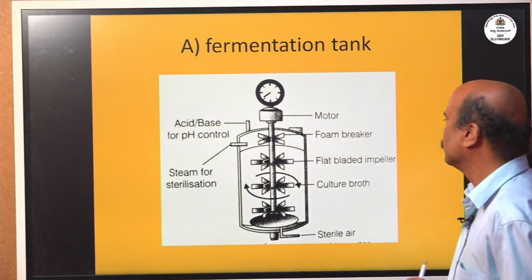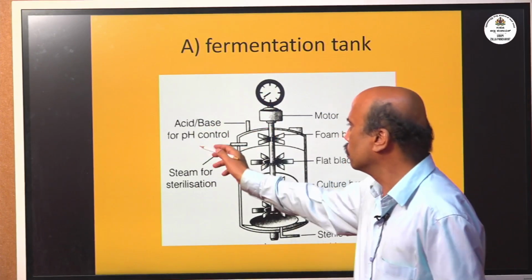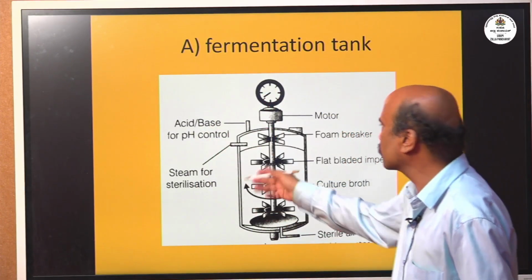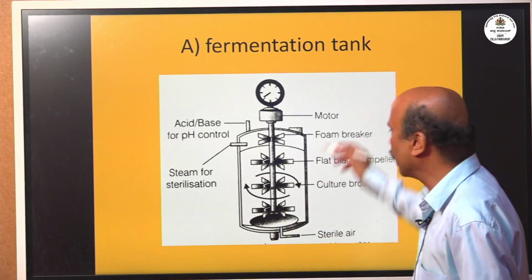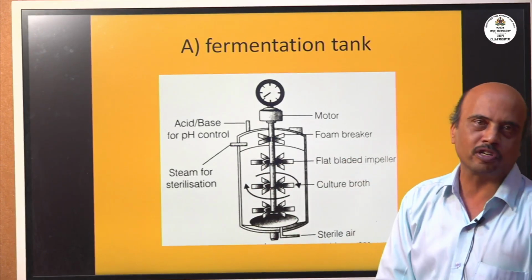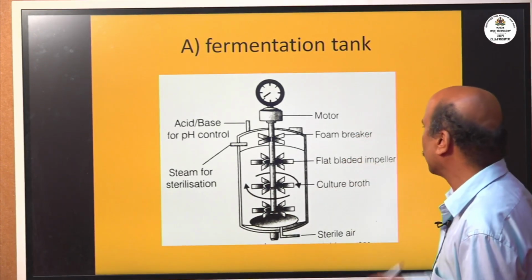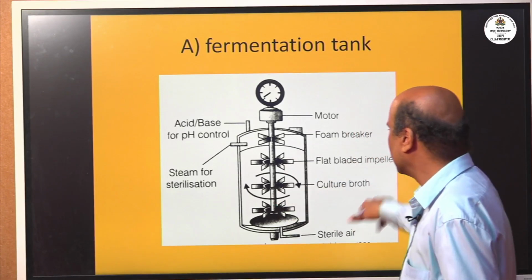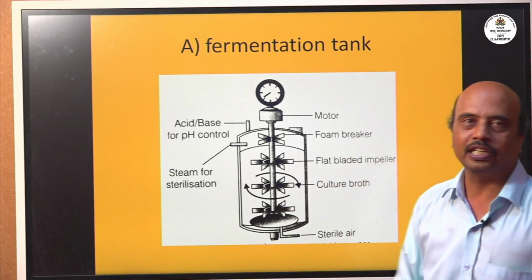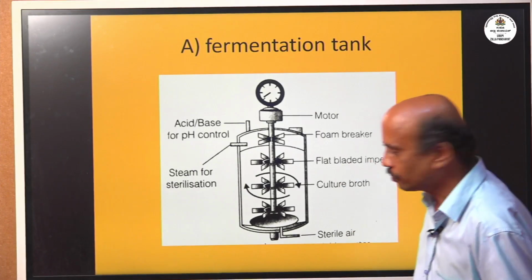See here, a stirred tank bioreactor. It has acid base control, pH control, steam for sterilization, and a foam breaker. Whenever biochemical reactions occur inside the bioreactor, foam will be generated. That has to be broken. Foam breaker, flat blade impeller, culture broth, sterile air, all these are the parts that are there in the bioreactor.